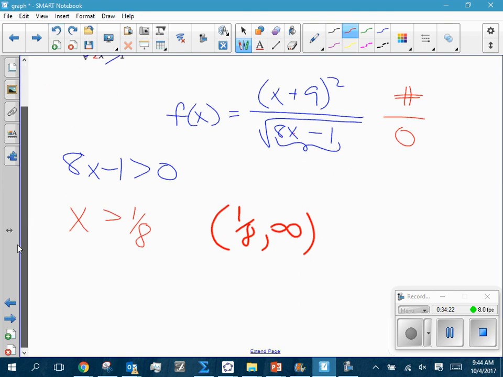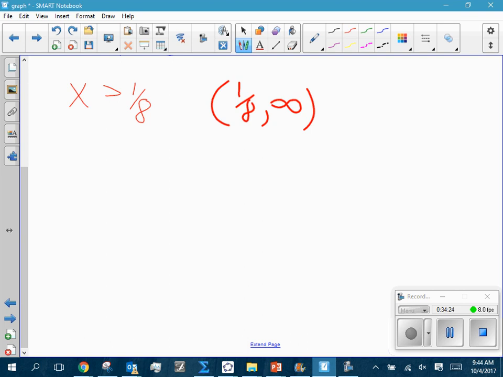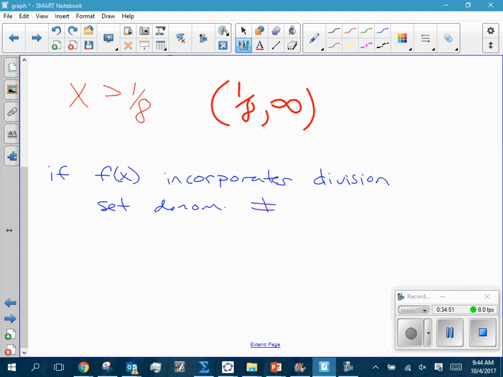It might be a good idea for you to write down some pointers. Say, if f of x incorporates division, set the denominator not equal to 0.